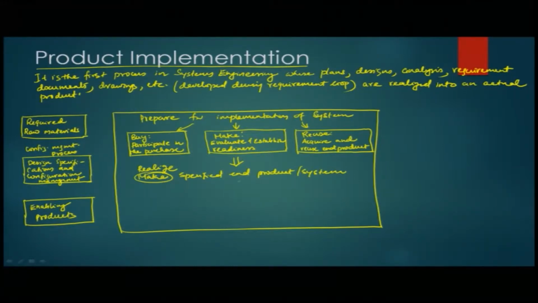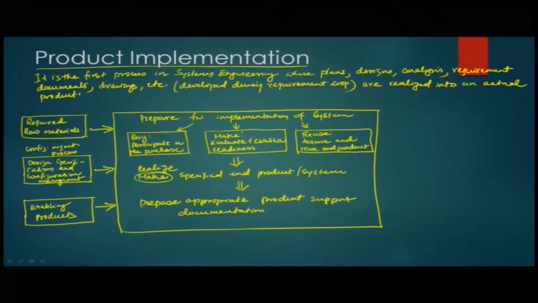And then after that, we prepare appropriate product support documentation. So these are the three inputs getting into the system. Obviously, the required raw materials, whatever is required whether you are doing buy or make, are part of this process.